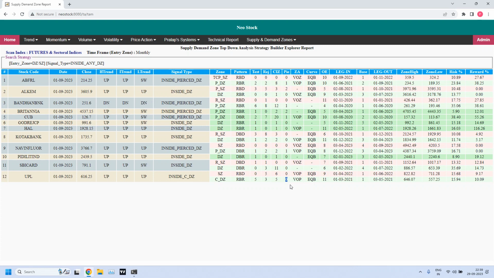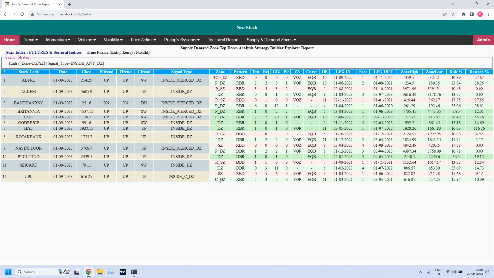I also told you in that video, you should fine tune this monthly zone to its lower time frame zone, that is daily demand zone. That means inside monthly demand zone, you may find weekly demand zone. Inside that weekly demand zone, you may find daily demand zone. Generally, we accept entry in those zones. But anyway, I'm not analyzing the chart in this video.